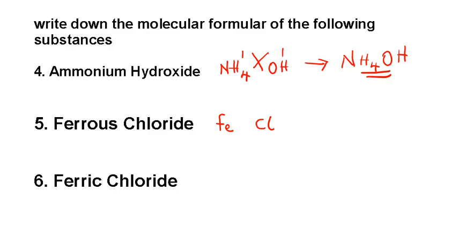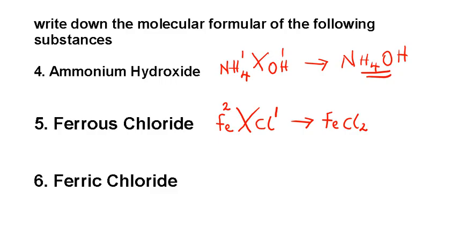So we exchange their valency, or what we call the crisscross method. Chlorine will take the valency of ferrous, while ferrous will take the valency of chlorine. So we now have FeCl2, which is the molecular formula for ferrous chloride.